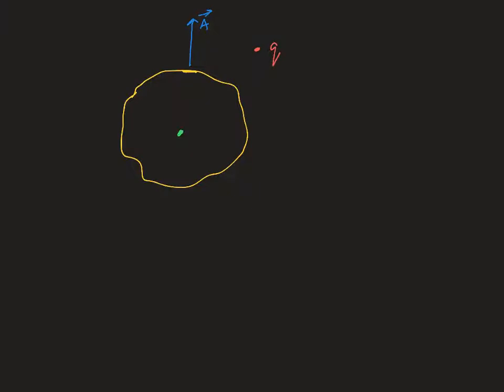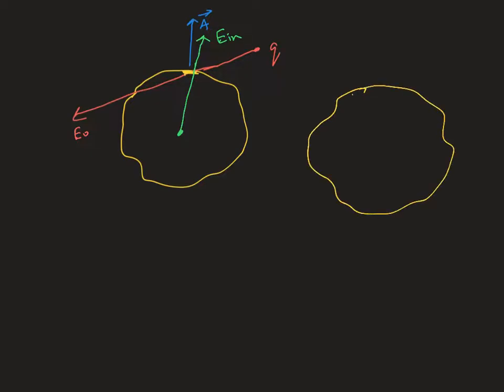The field lines due to the red charge would be something like this at this point, and the field due to the green charge would be something like this. Let me call this the field due to out, and this the field due to in. Let me draw the surface again. Very rough, but okay.